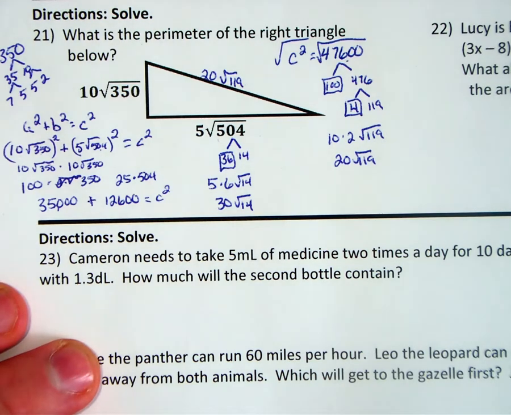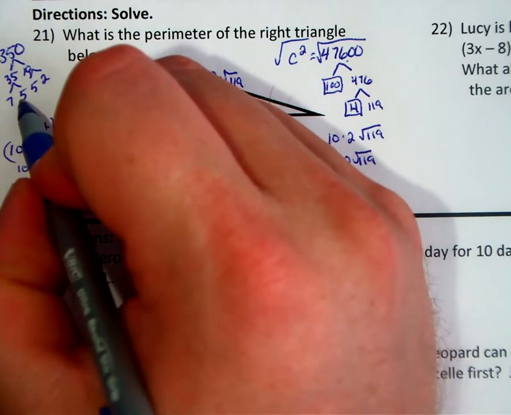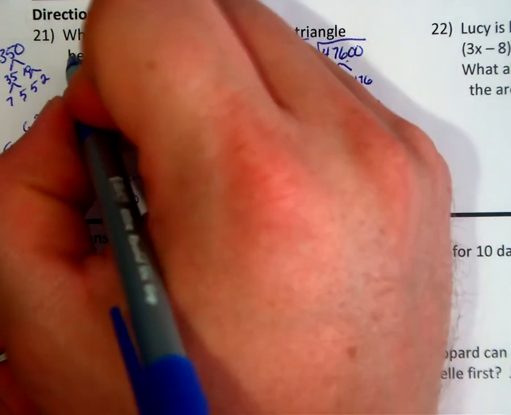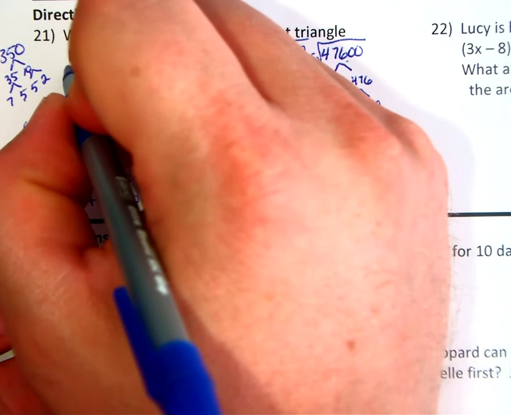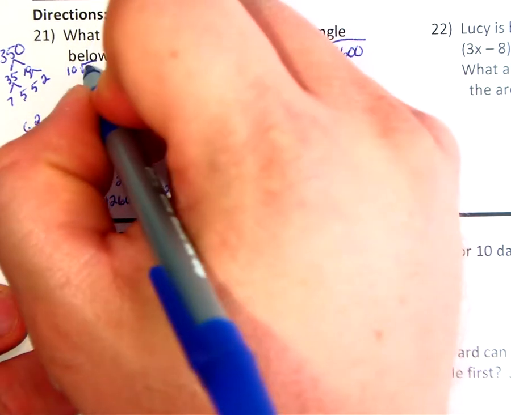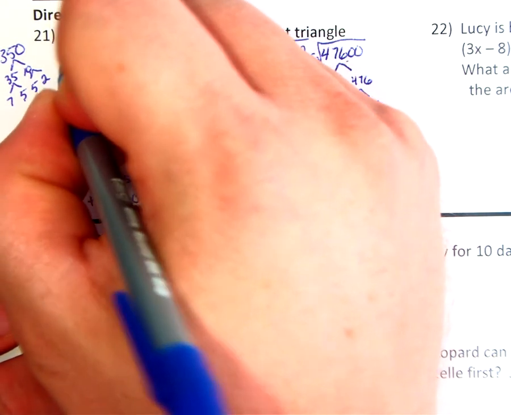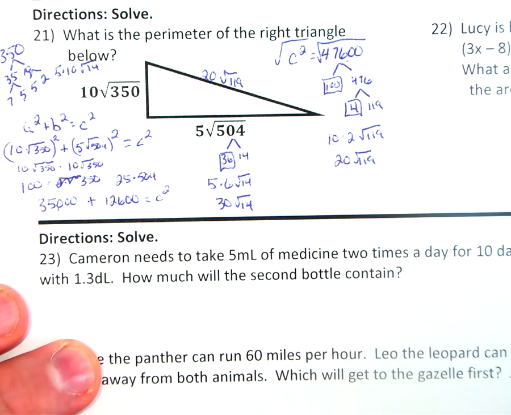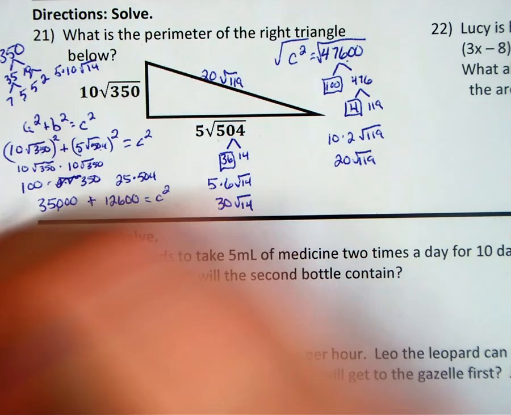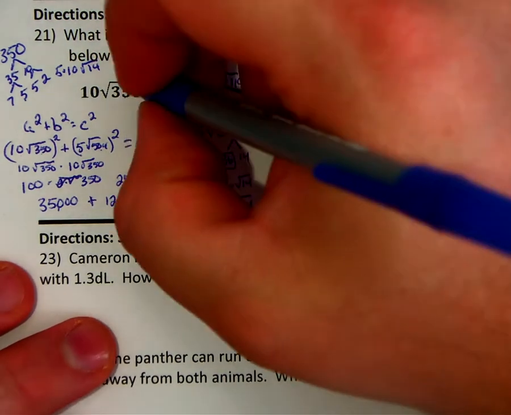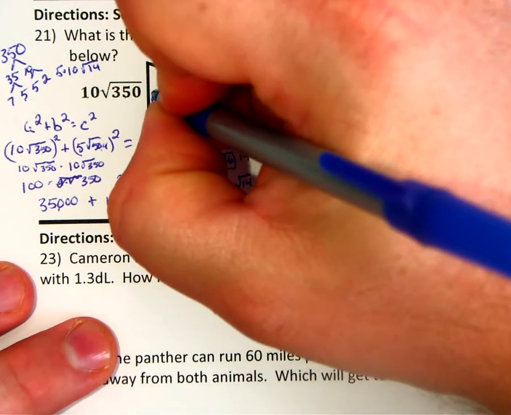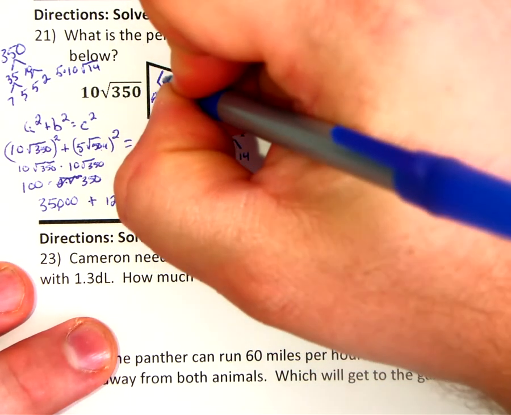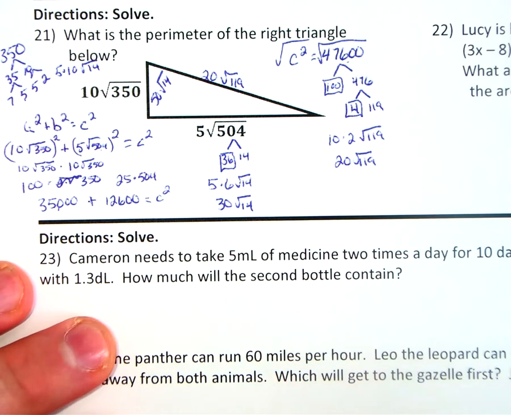And so we would be able to pull out a 5, which is going to give me 10 times 5 times root 14. 10 times 5 is 50 root 14.